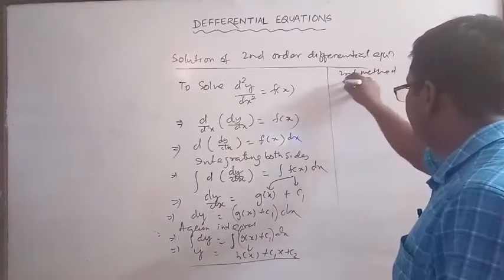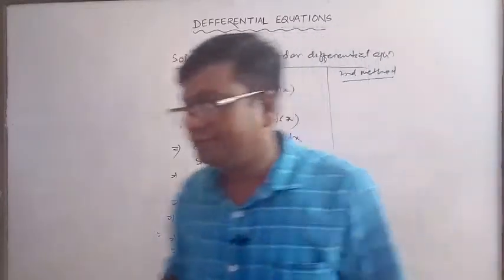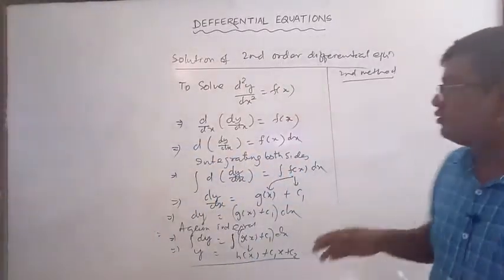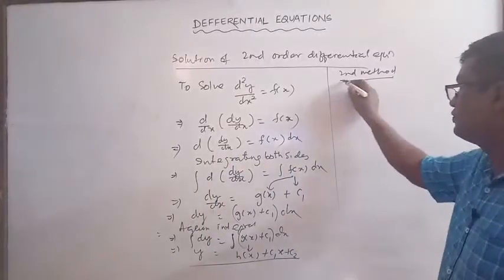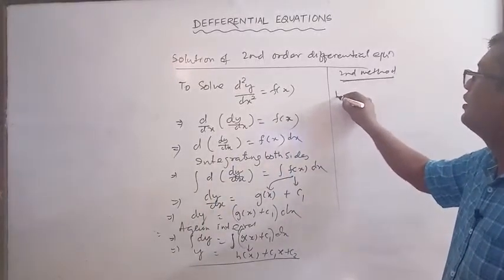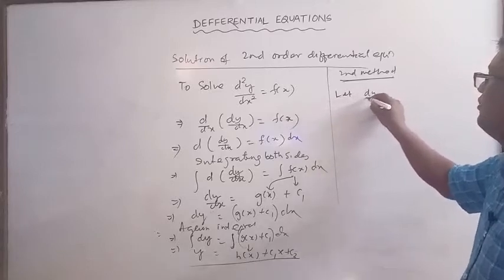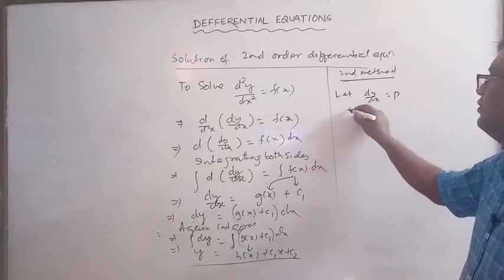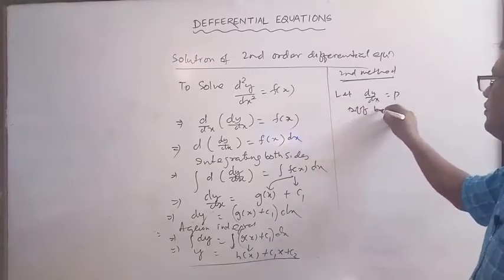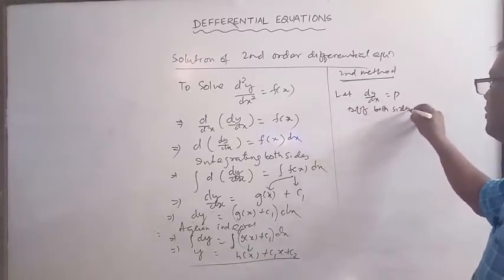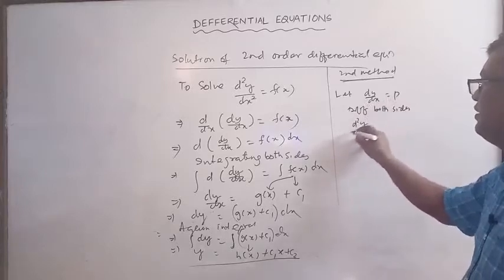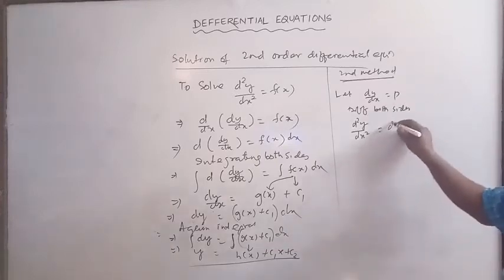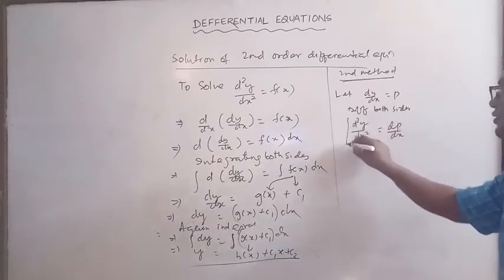Now the second method to solve this type of problems. Let dy by dx is equal to p. Differentiate both sides. d square y by dx square is equal to dp by dx.